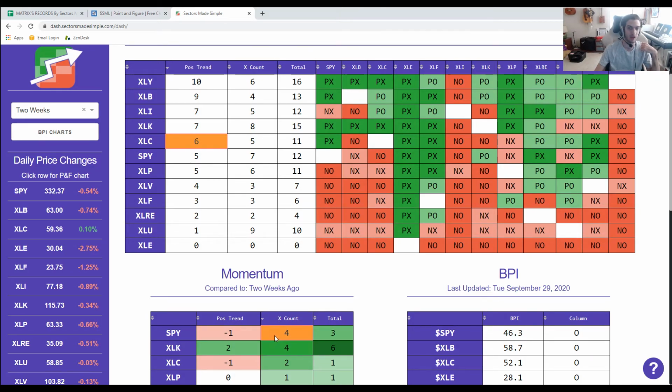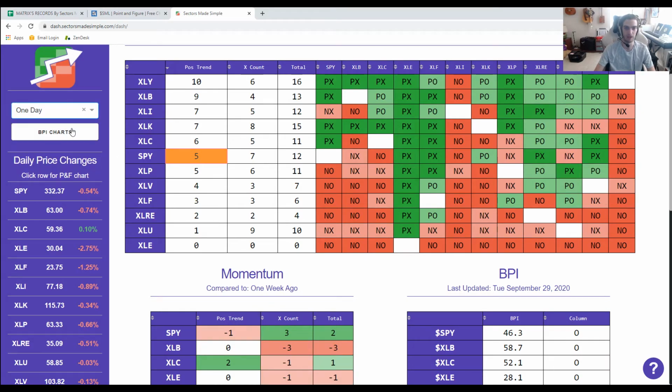If we have a tie for first place in X count, we take the winner as whoever has the higher positive trend. So that means XLK is our first place, SPY is our second place. We would do this also for the 1 week and for the 1 day.